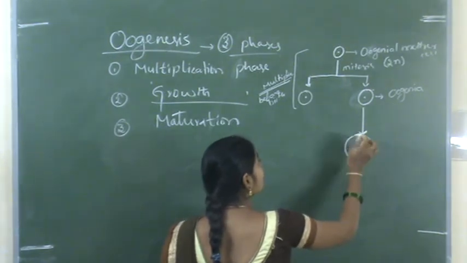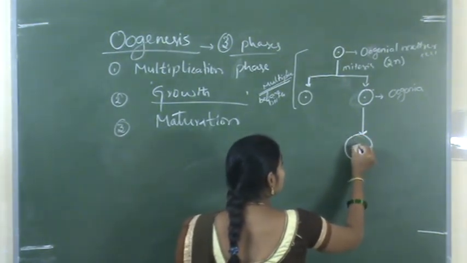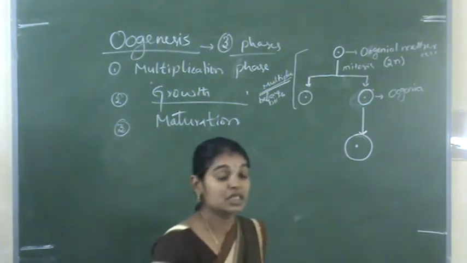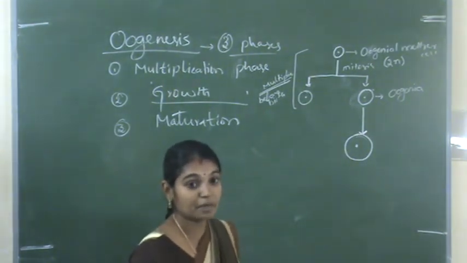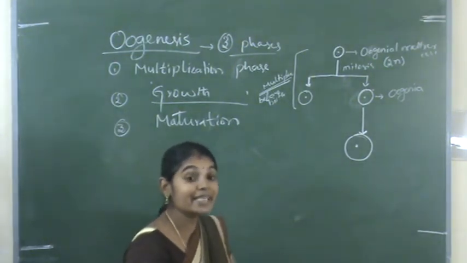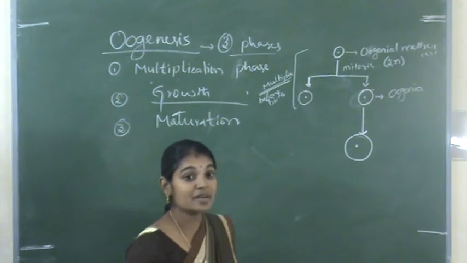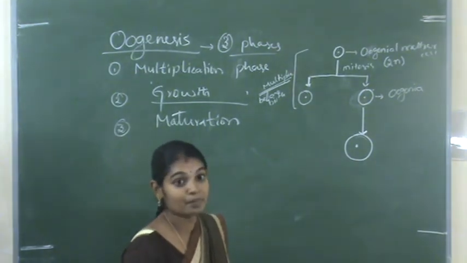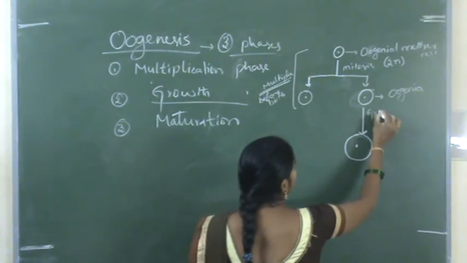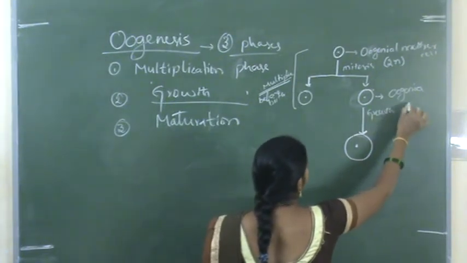How does the size of the cell increase? By the formation of yolk, that means the cytoplasm content increases. As a result of that, yolk is formed. So this is the growth phase.